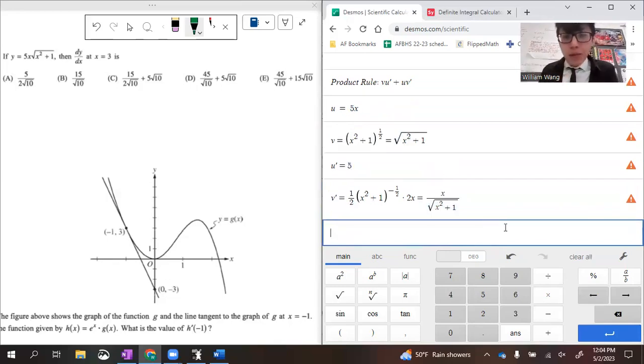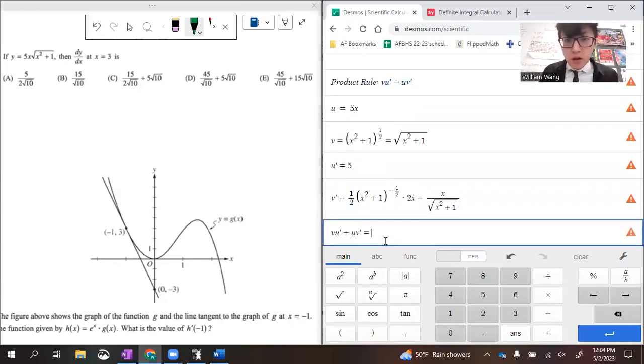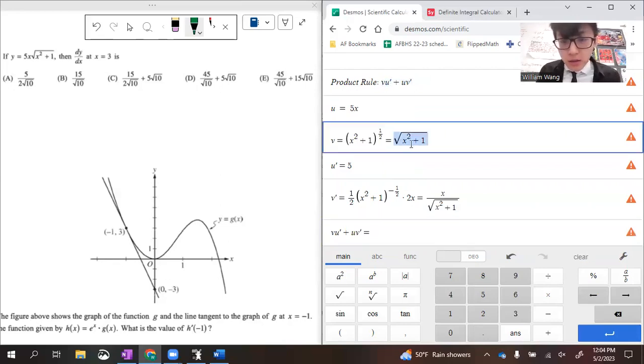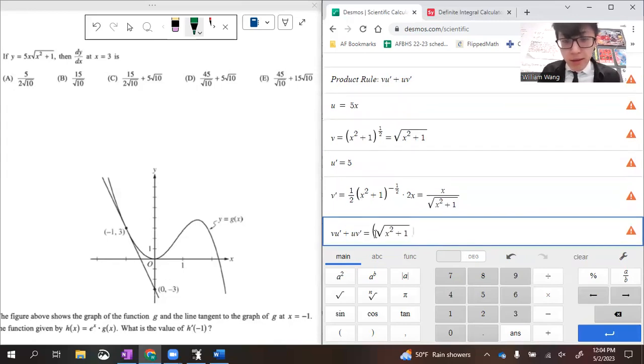Okay, then I plug it into my product rule. So my product rule is vu prime plus uv prime. So let's write that out. So my v is this, and I multiply it by my u prime, which is 5, plus u v prime. Well, my u is 5x.